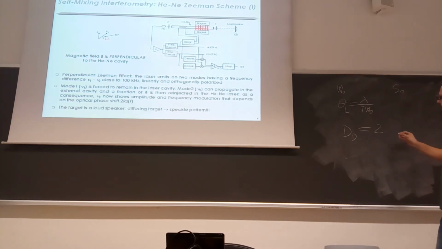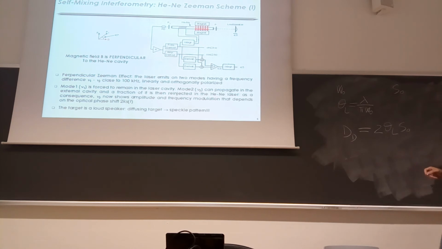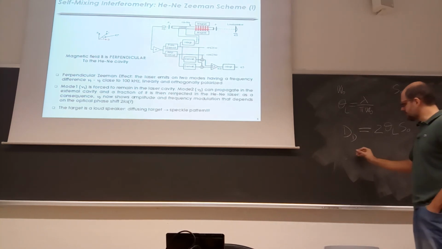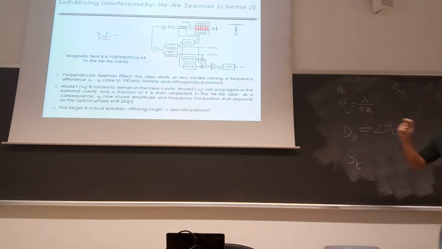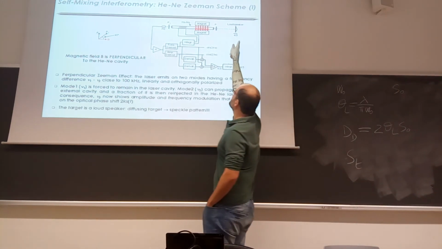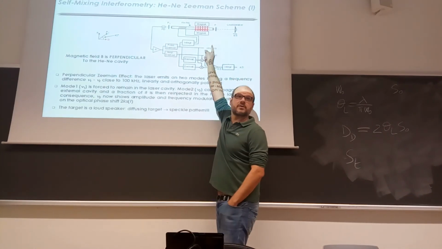Then the diameter is 2 theta L multiplied by S0. Now, what is the transversal dimension of the speckle that you will find back onto the output mirror?